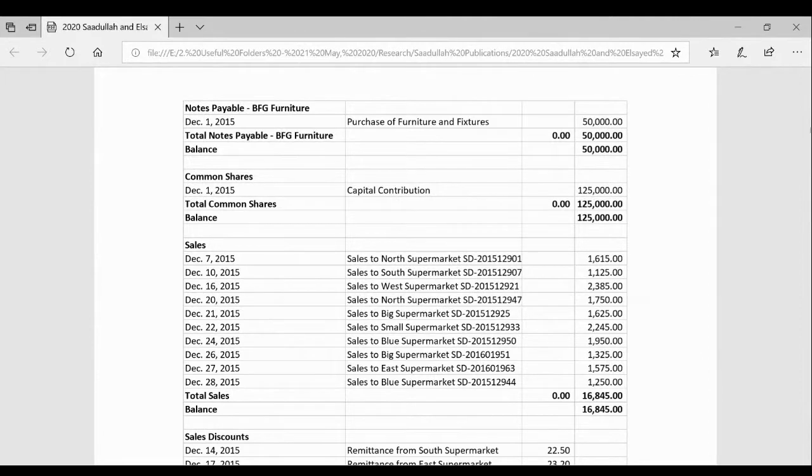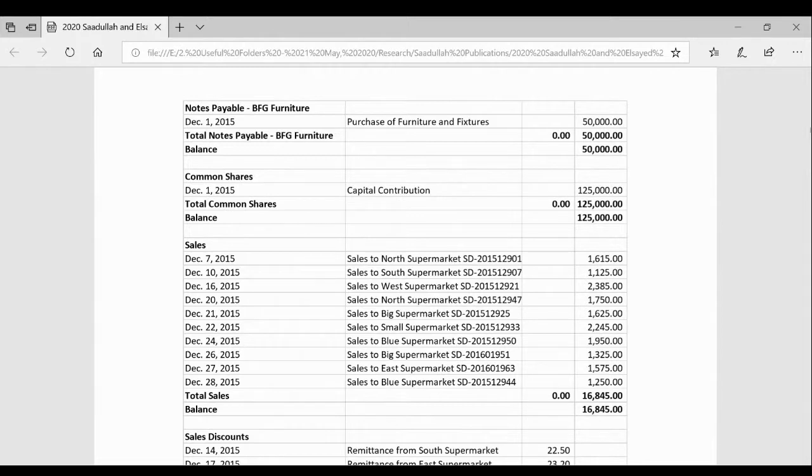You see that $1,615? The order of those documents will be evident from what? How do you know that the documents are in order? Date. Very good. So when you're looking at the document, you can easily look at the date.